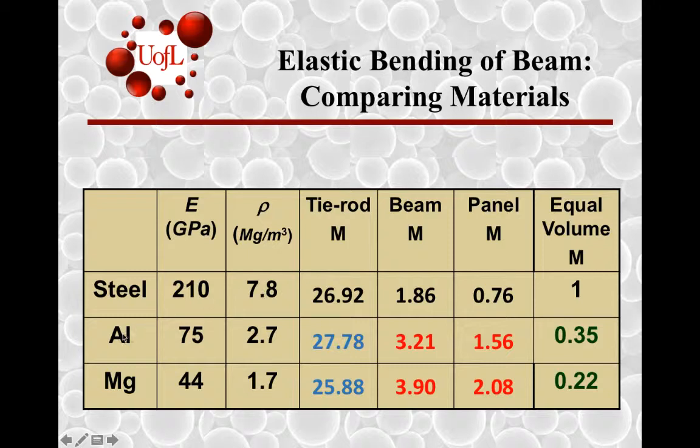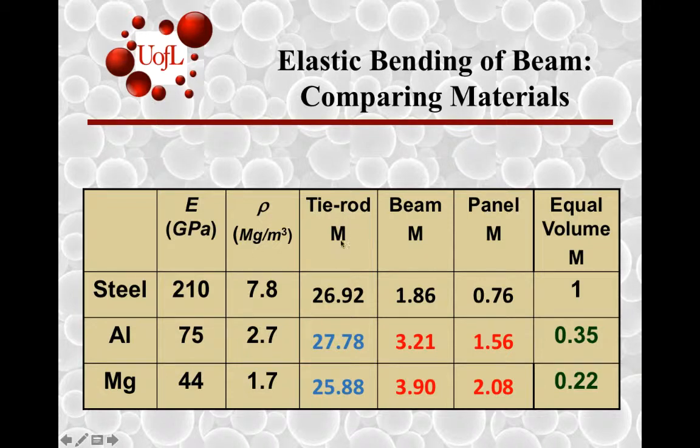Aluminum, if that was going to be something you were choosing to replace, has a modulus of 75 and a density of 2.7. Magnesium is the lightest of all. It has a density of 1.7. It's also the weakest of all. It has a modulus of 44 gigapascals.